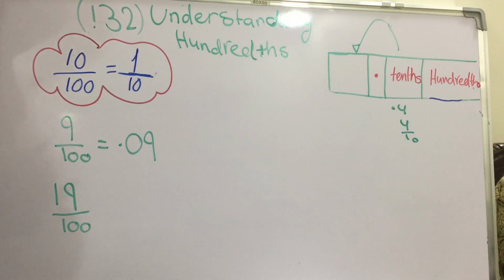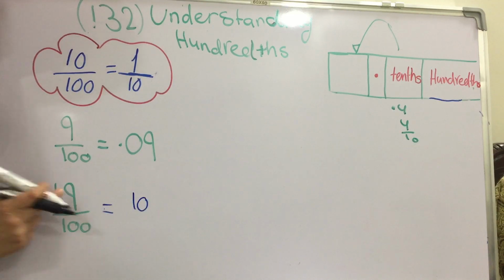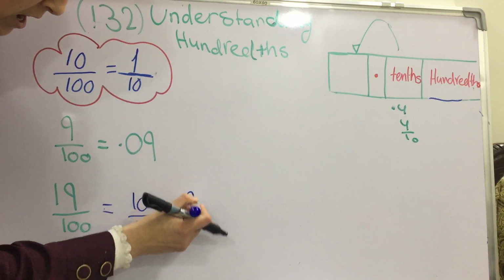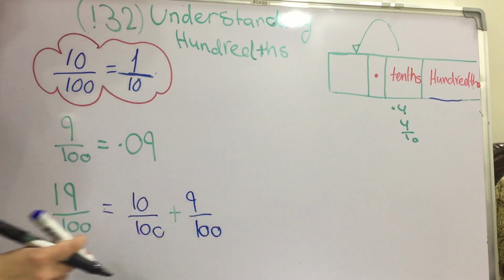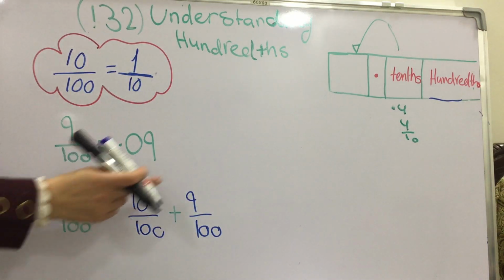So if I want to write this number, I write it in the extended way now, but next time you will write it directly. It's 10 hundredths and 9 hundredths.